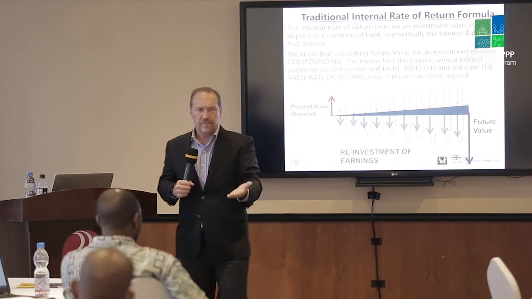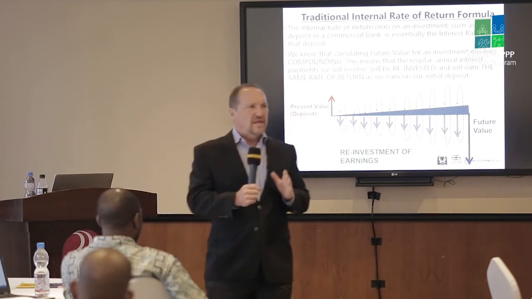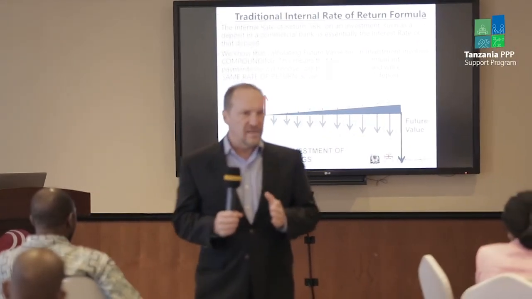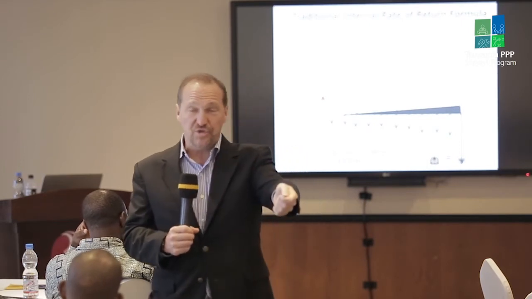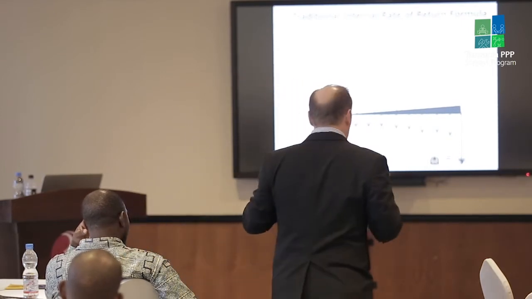Correct? Now, in most PPP projects, where we'll say, here's an independent power project, the contract is to provide 100 megawatts of capacity. You build the capacity, you make it available, we'll make a payment to you, and you get a net cash flow.